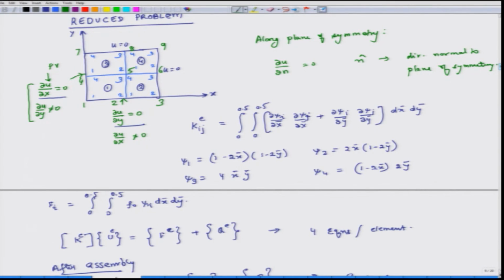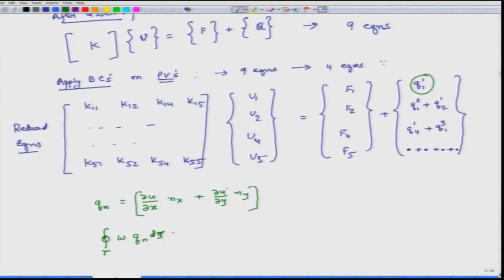So this is 0, and also del u over del x at the first node is 0 because of the boundary condition related to symmetry, right. Same thing here, this Qn is equal to 0 at node 2 due to symmetry.